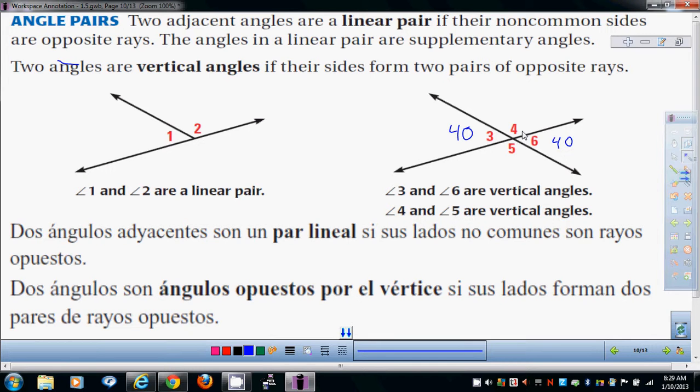Yes, sir. 140. How did you get that? Yes, you stuck with the vocab. They're a linear pair. They form a straight line. Therefore, they add to 180. So if this is 140, what is this? 140. 140.